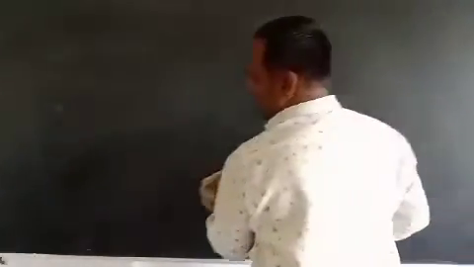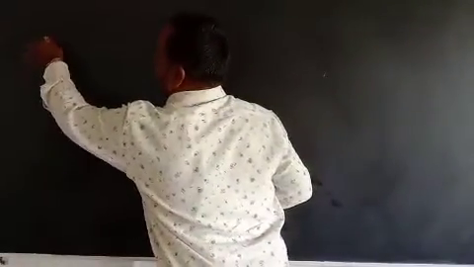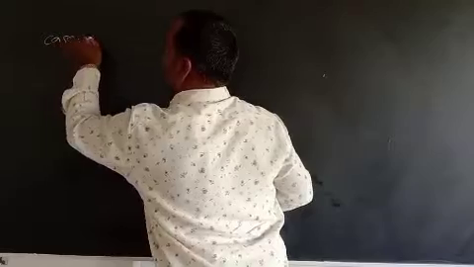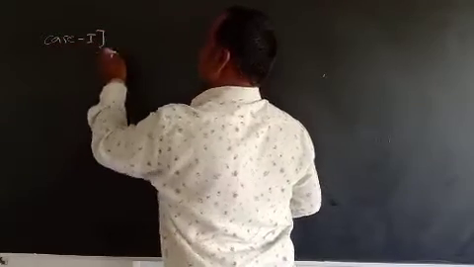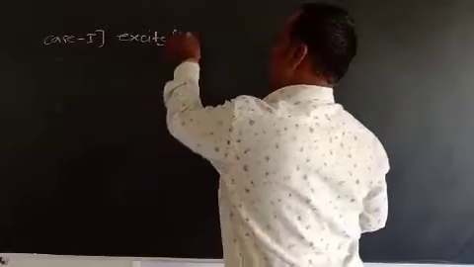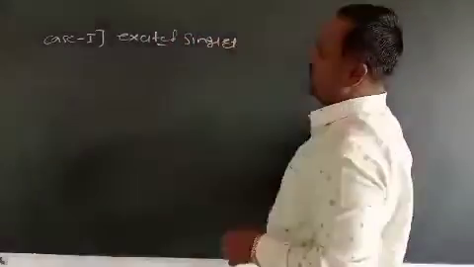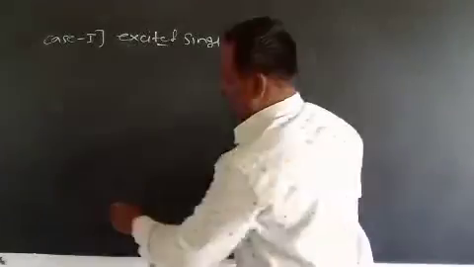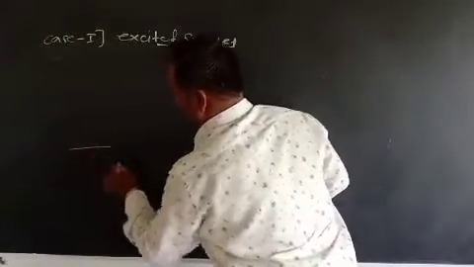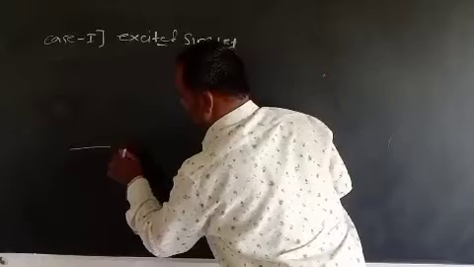So, what is this excited singlet and excited triplet state? Let us discuss. Let us see the first case, the excited singlet. Case first. Let us consider this is an electronic ground state.